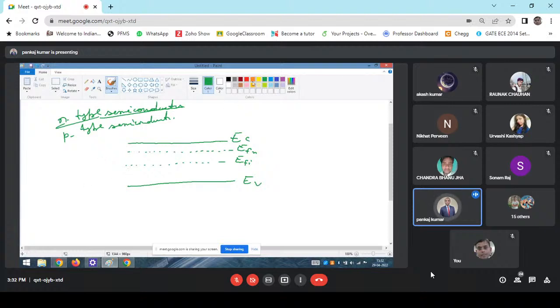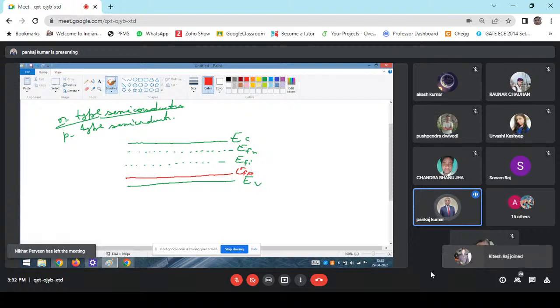Therefore, this Fermi level will come closer to the valence band. This will be your E_Fp, right? So that's why when we connect a p-type semiconductor with an n-type semiconductor, a junction is formed.